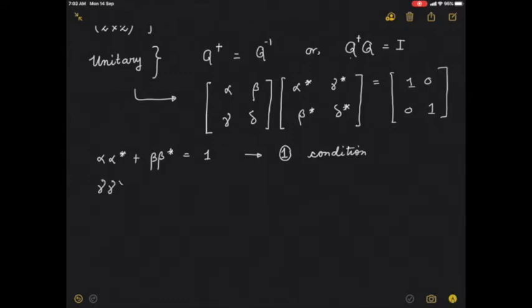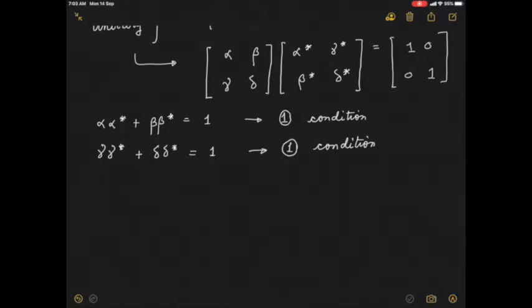Similarly, the other diagonal element will give me gamma gamma star plus delta delta star equals 1, and that, for the exact same reason, gives me one more condition.